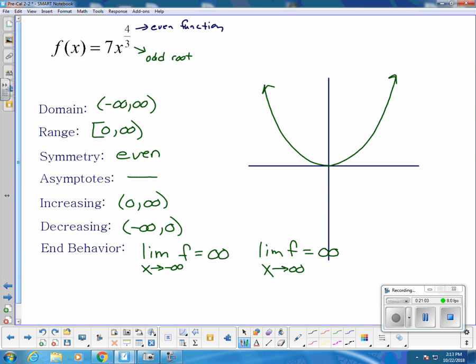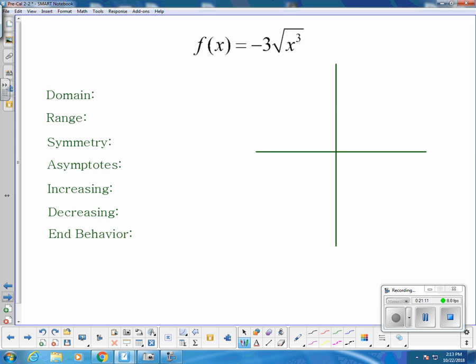Okay? Let's try another one. So again, first things first, let's write this so that it has a rational exponent.